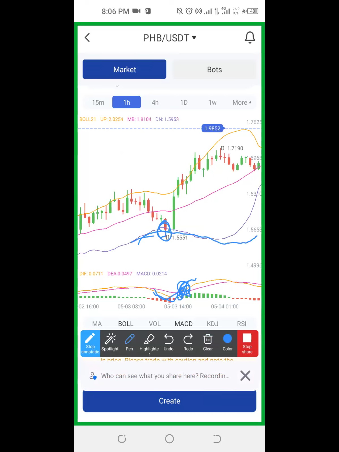Because this red candle has touched this lower band, it must come back. So the moment this red candle touches the lower band on the Bollinger band, and there is a curve, a turning point on the yellow line above the green bars, this is a powerful indicator that this coin is going up to the upper band to give you massive profits.